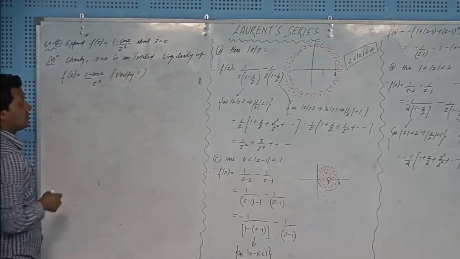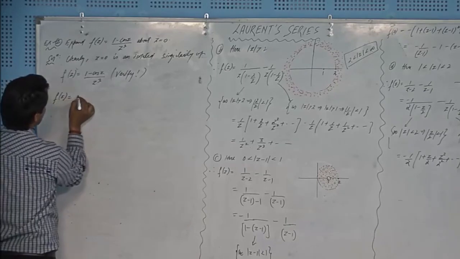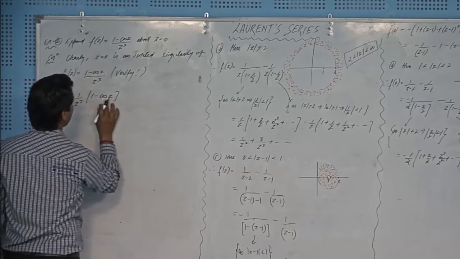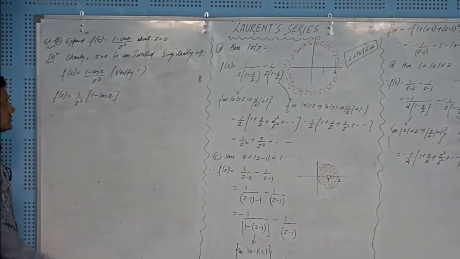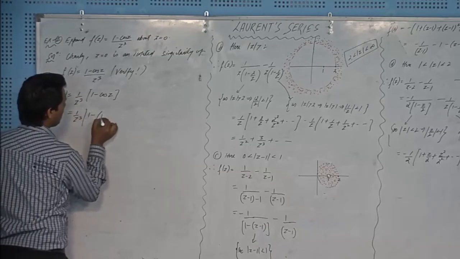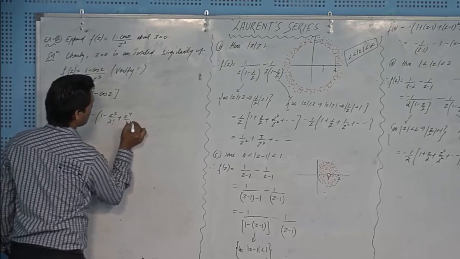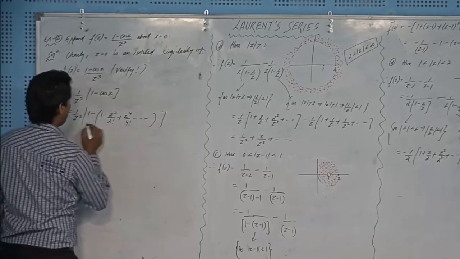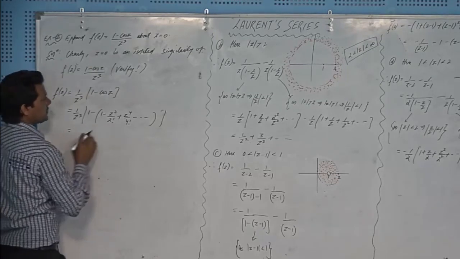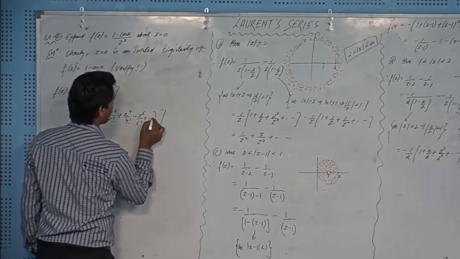Okay, so we'll get a Laurent series, and to get that series we'll just use the series for cos z. We already know the series for cos z, that is 1 minus z square by 2 factorial plus z to the power 4 by 4 factorial and so on. And ultimately we'll get, I think I should write one more term also, z to the power 6 by 6 factorial plus and so on.